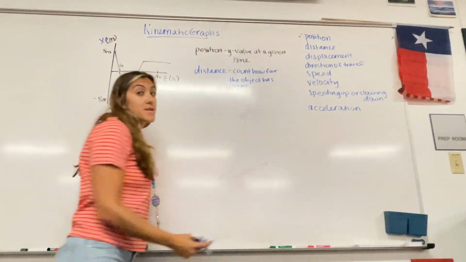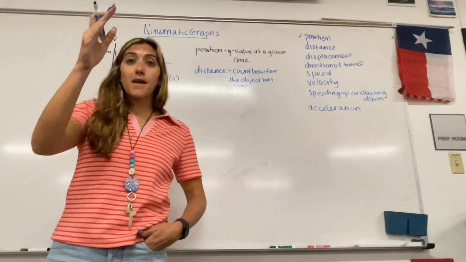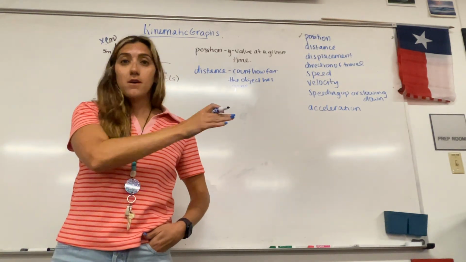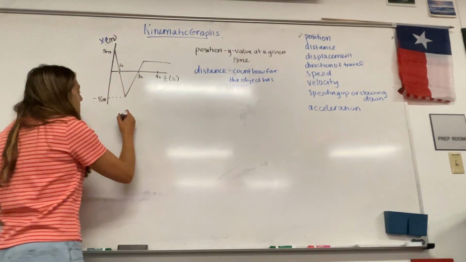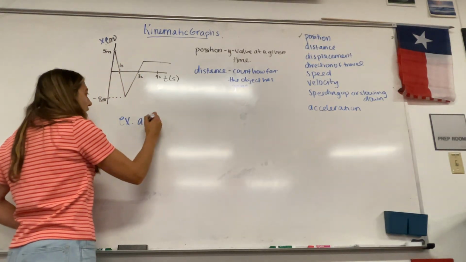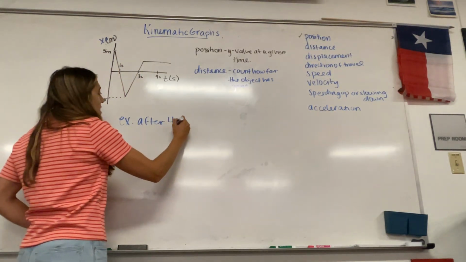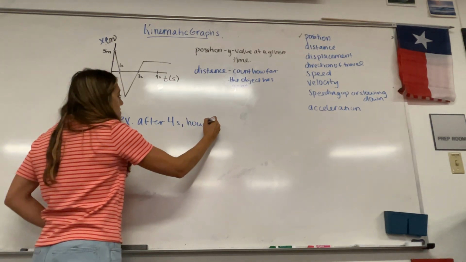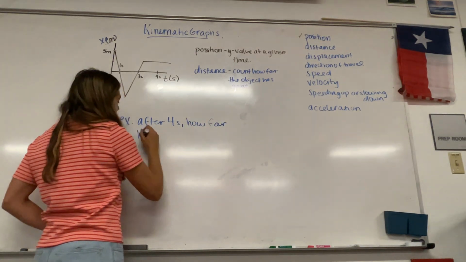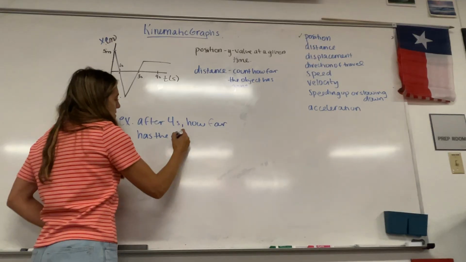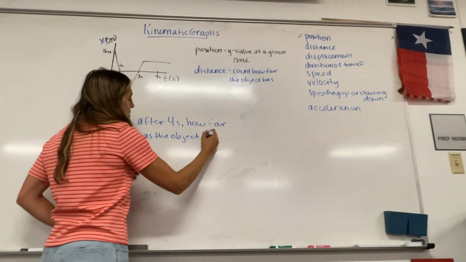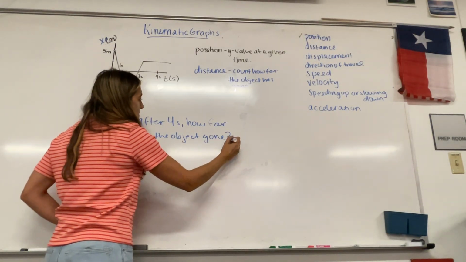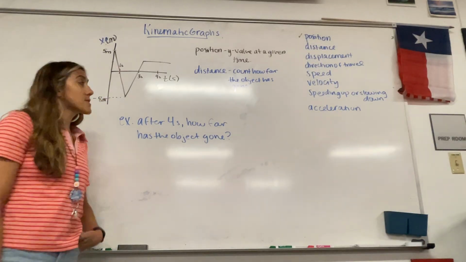I am actually counting how far my graph line has traveled across the graph. So, for example, after 4 seconds, how far has the object gone? So that's the question.